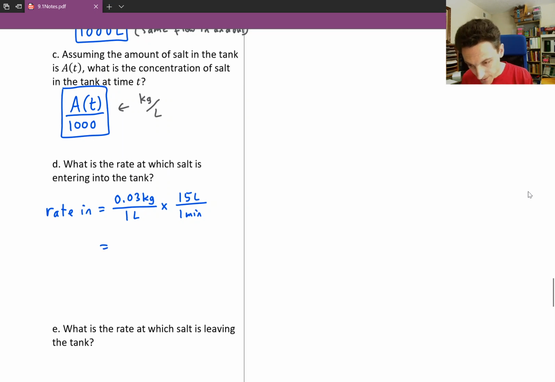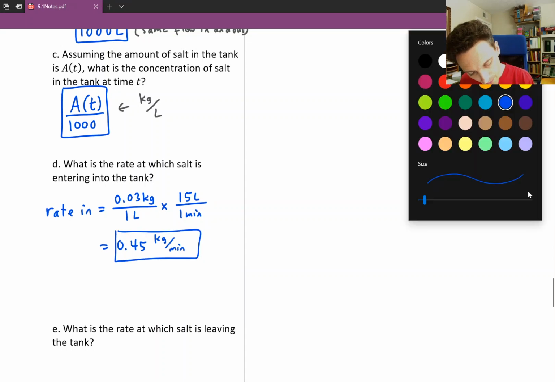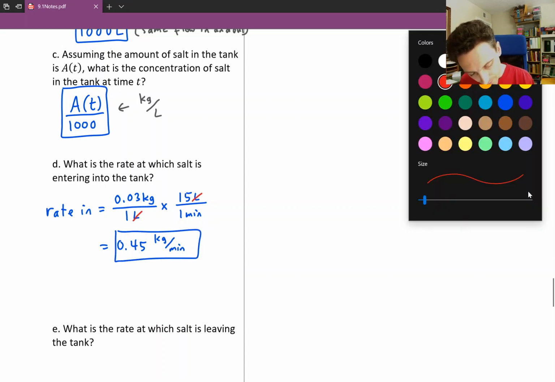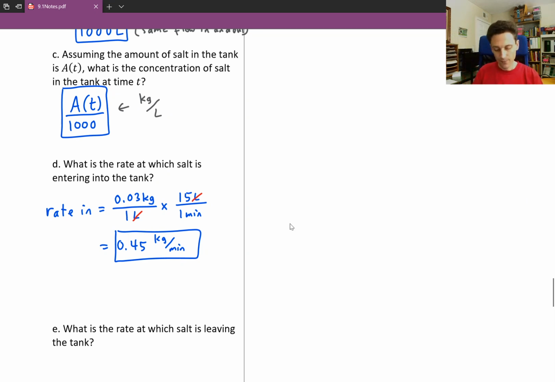The liters will cancel, and you'll end up getting 0.45 kilograms per minute. So in other words, every minute that passes, 0.45 kilograms of salt are going into the tank.